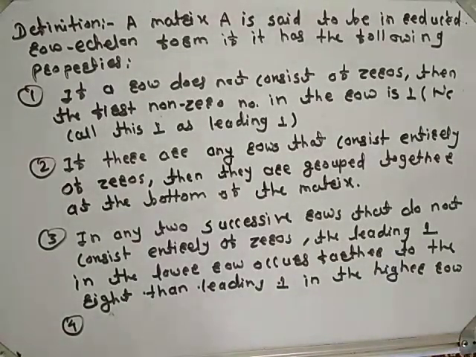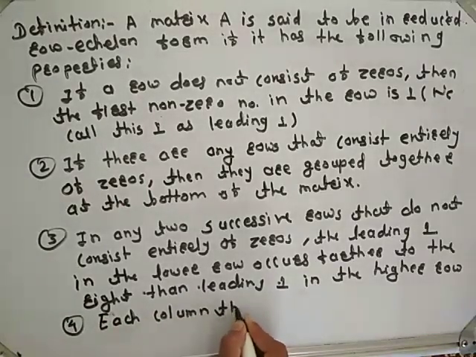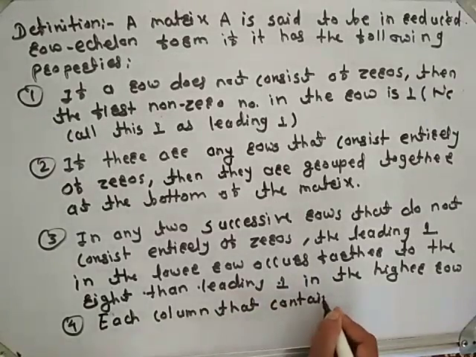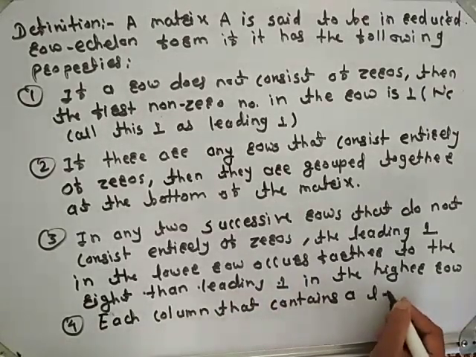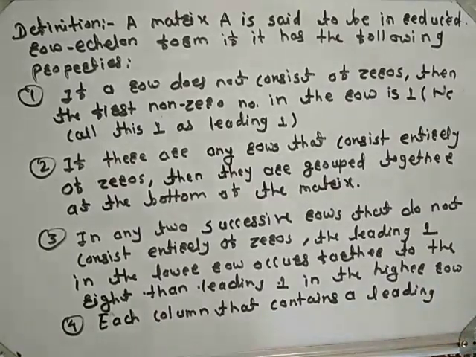Fourth, each column that contains a leading one has zeros everywhere else.